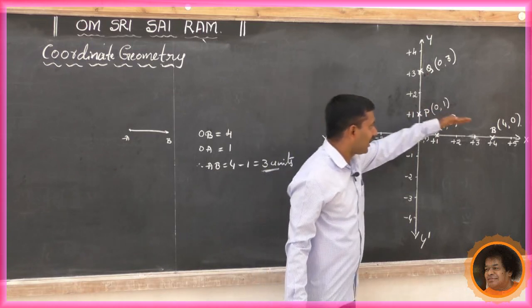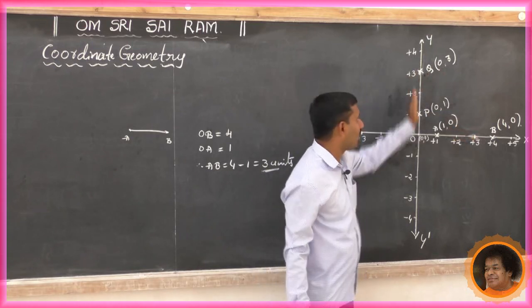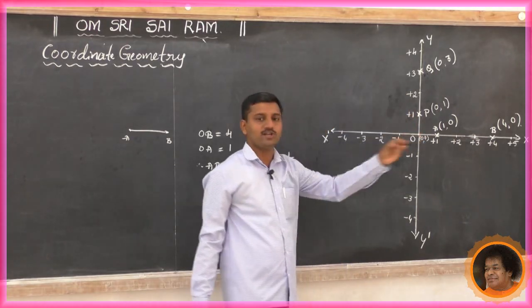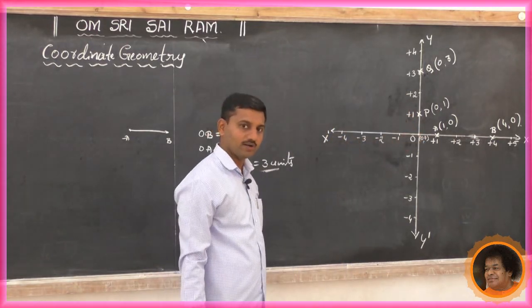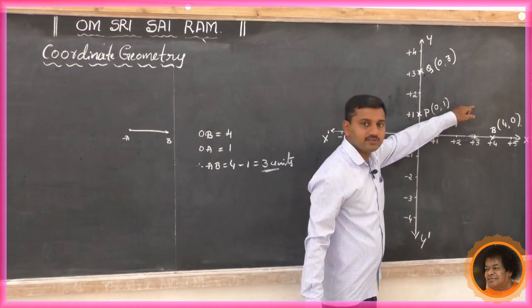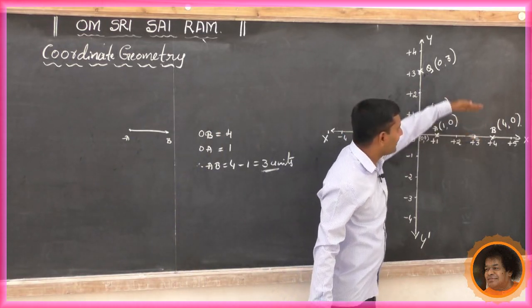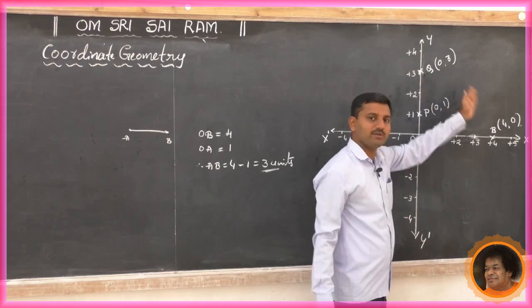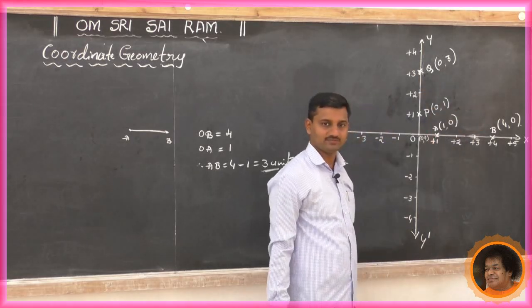If the points lie on the x-axis or y-axis, we can find the distance between any two points very easily. Or if the two points are parallel to the x-axis or parallel to the y-axis, we may find the distance between them.